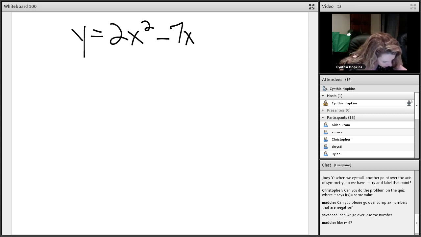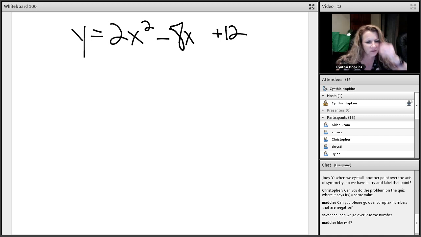I should probably look at answers and see. I don't have the answer here. b over 2a, yeah, that's not going to be an integer. Okay, I'm just going to change that to an 8x, and plus 12. I have no idea what this is going to end up being. I'm just making it up.